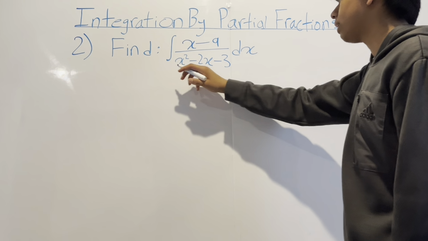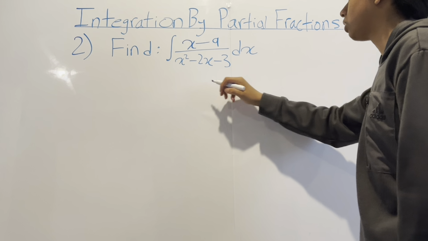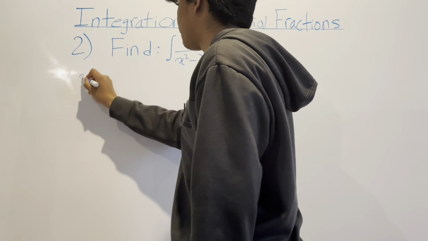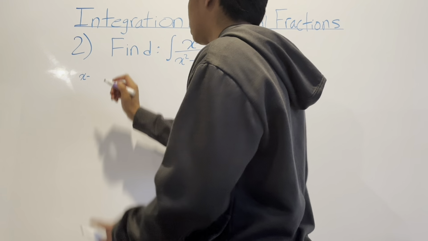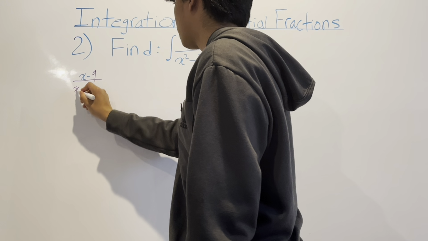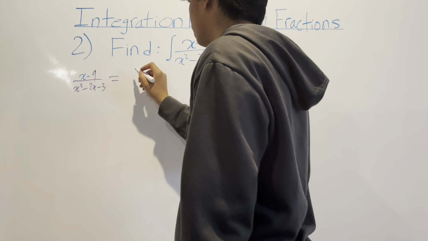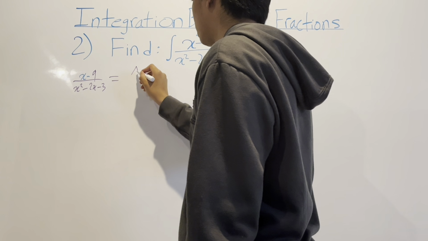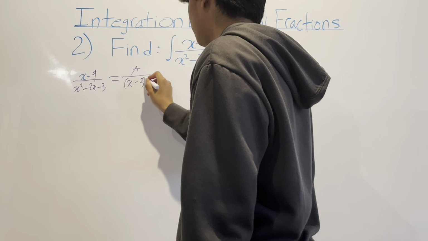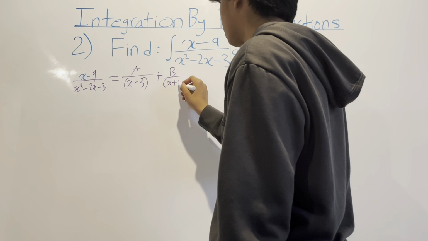Question 2, we have: find the integral of (x minus 9) over (x squared minus 2x minus 3). So once again, let's just ignore the integral and only look at the function. So, (x minus 9) divided by (x squared minus 2x minus 3) equals, and then we'll set it to A over, and one of the factors is x minus 3, and the other factor is x plus 1.